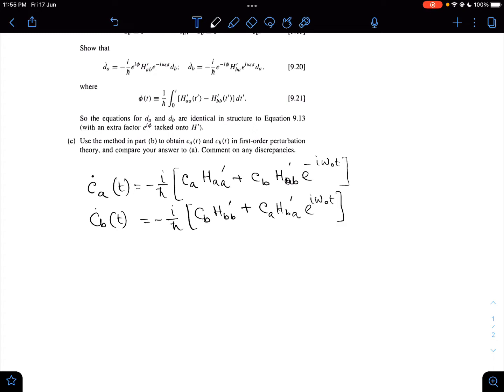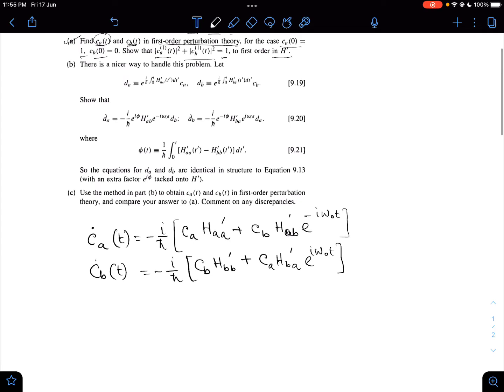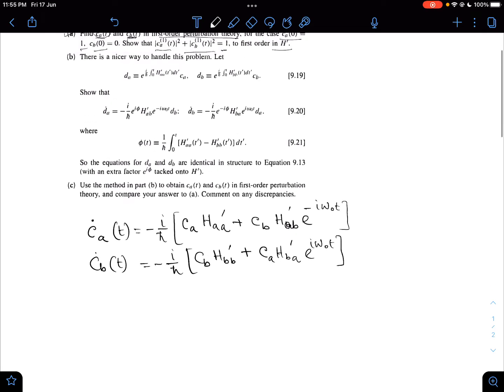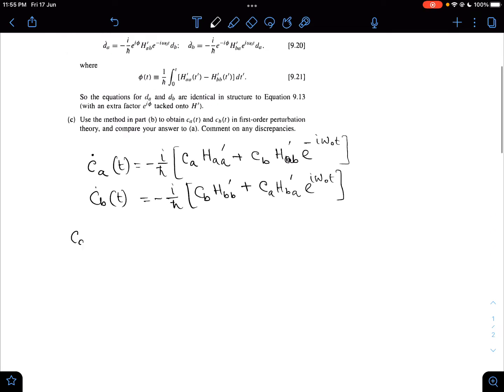These are our standard results from the previous video. And we are given the initial condition, c_A at time 0 is 1 and c_B at time 0 is 0.